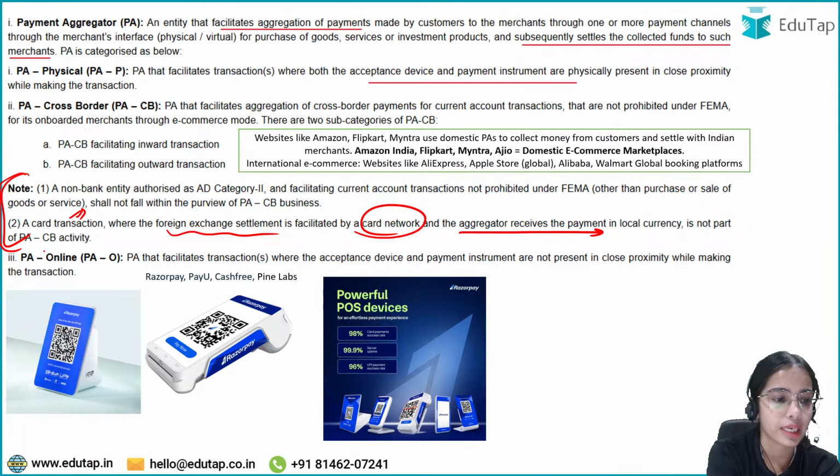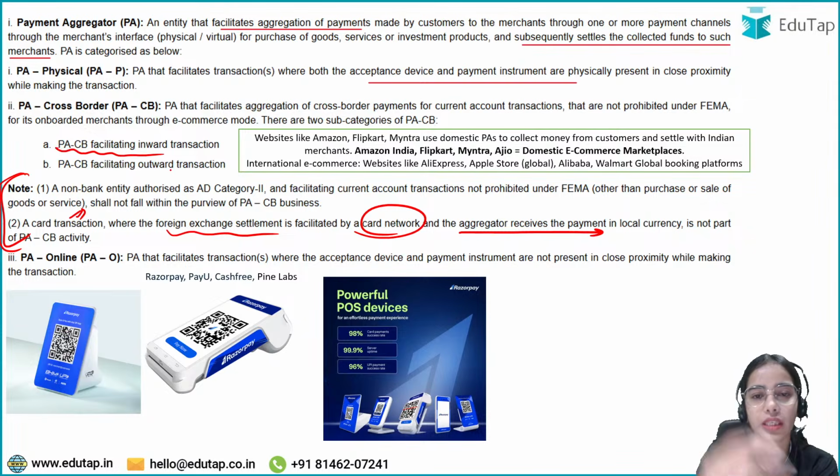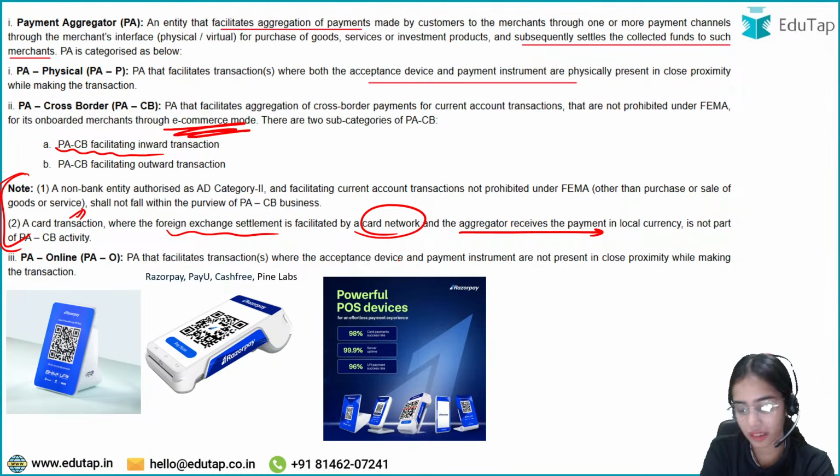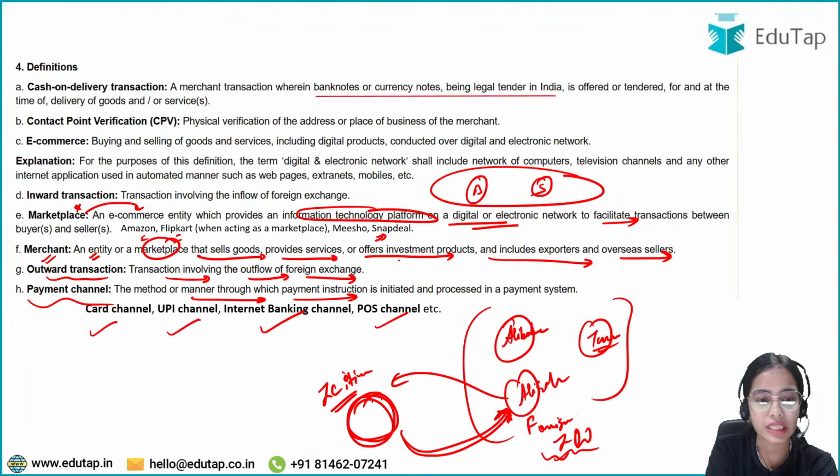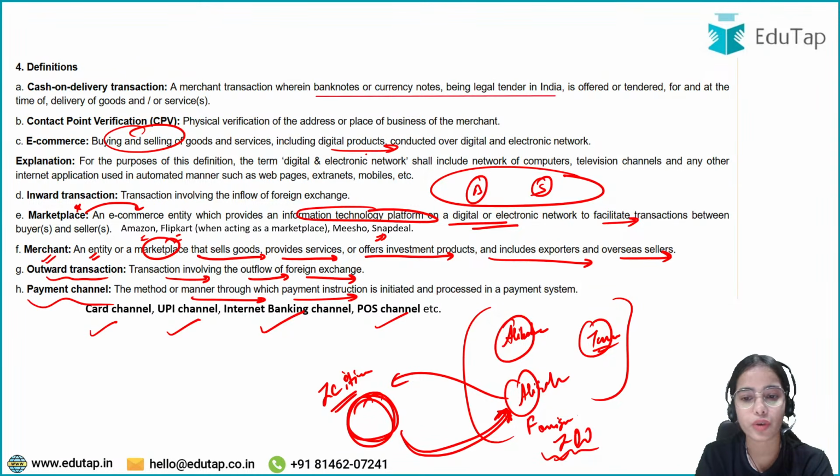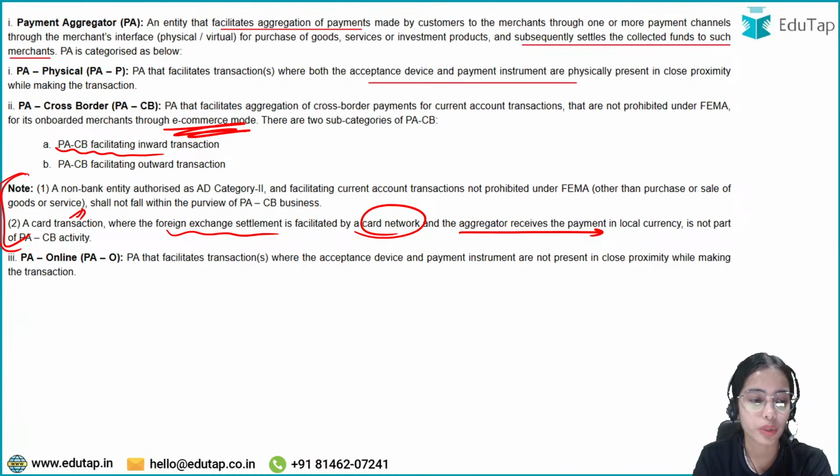Okay, so this is the idea. The rest of the payment aggregation, the inward and outward transaction can be done by payment aggregator cross-border for the e-commerce transactions. Okay, for the electronic transactions. So e-commerce transactions, basically the buying and selling of the goods and services is happening through the digital platform, through the electronic platform, electronic network, through the website and such.